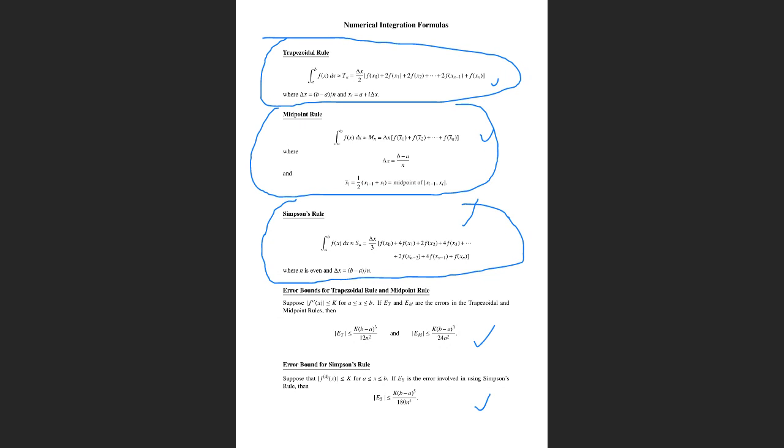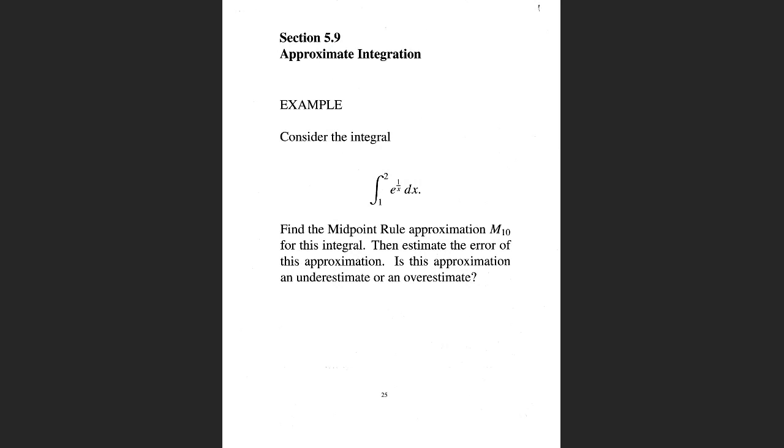So last time we talked about applying the midpoint rule to approximate our integral. And once again, the integral is here. We want to use M sub 10, which means use the midpoint rule and take the interval from 1 to 2, your bottom limit and your top limit, and break it up into 10 subintervals.